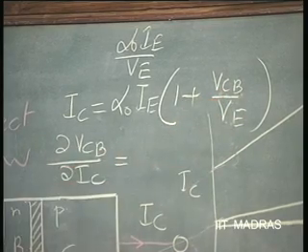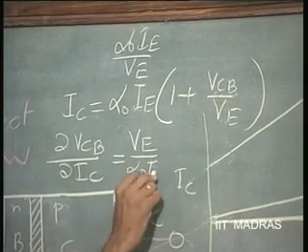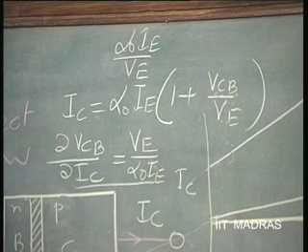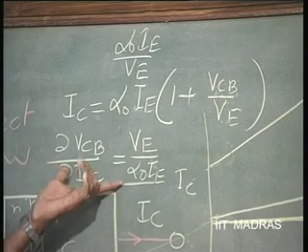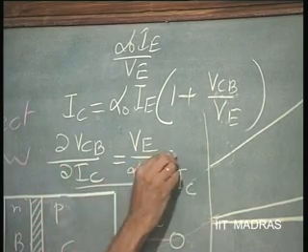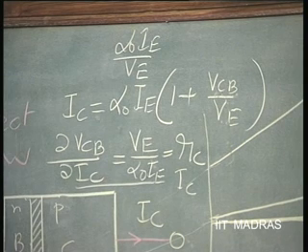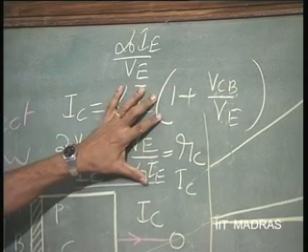So, it is VE divided by alpha naught IE. So, given the early voltage as well as the operating current and alpha naught, you can find out the value of what? What is this? RC. So, this is an important small signal parameter.